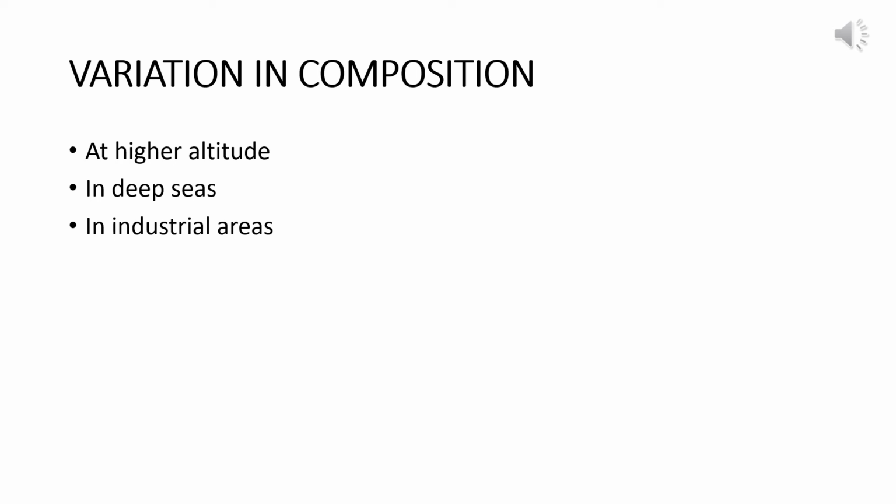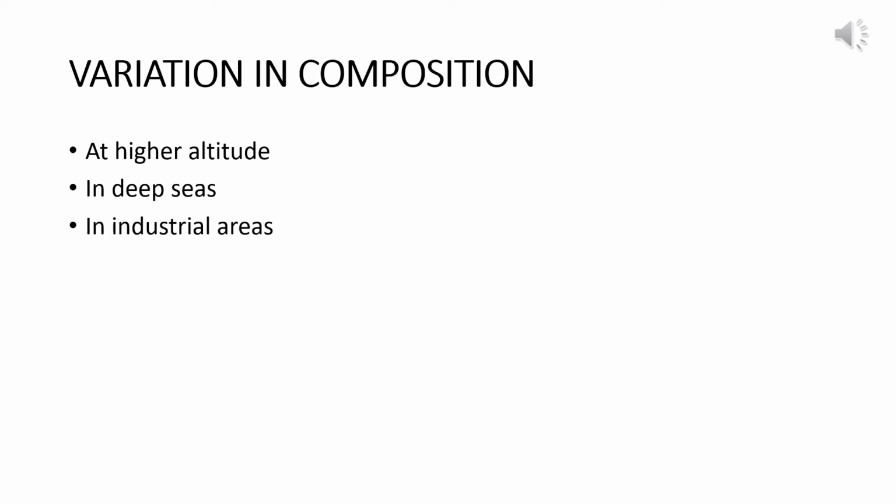And industrial areas that have a lot of gas emissions have a great amount of impurities, like sulfur dioxide, nitrogen dioxide, carbon dioxide, dust particles, smoke and smog. All of them are higher in industrial areas.